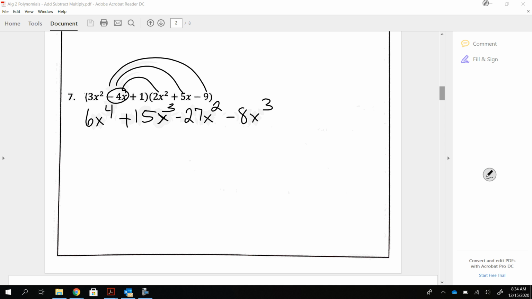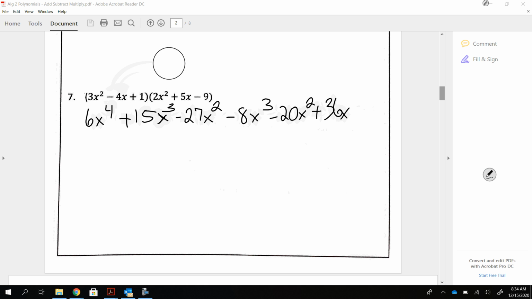Okay, because remember, we're adding the exponents together. Next one, negative 4x times 5x is negative 20x squared. All right, and then negative 4x times negative 9 is a positive 36x.